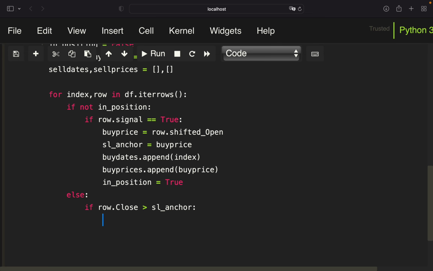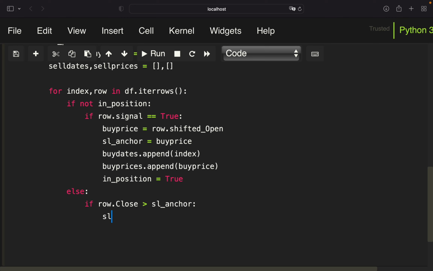Then I want to have a new stop loss anchor, so I'm redefining the anchor as equal to the close, which is larger than the stop loss anchor. With this, I'm keeping track of amended prices. This is simply the trailing stop loss logic. I've also covered that in another video, which I will link in the video description.